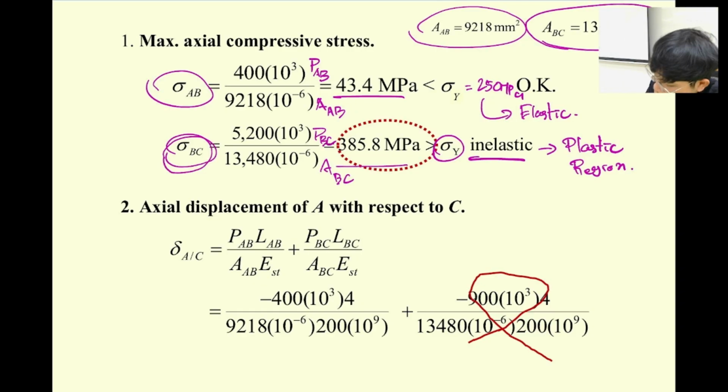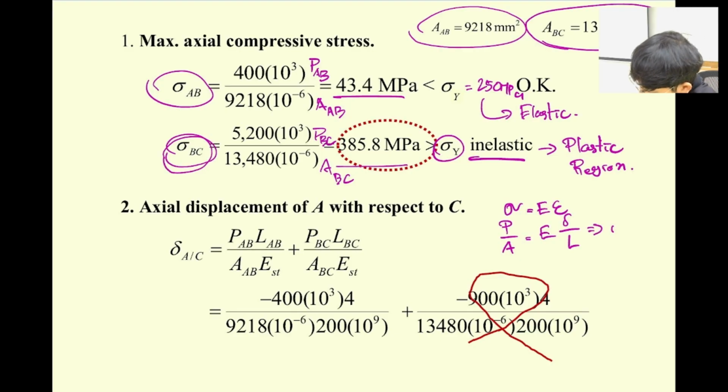Okay, so the question is, we know that sigma is equal to E strain, right? And then we know that sigma equals P over A, and E is going to remain the same, and the strain is going to be deformation over L. And then I'm going to find deformation equal to PL over EA.